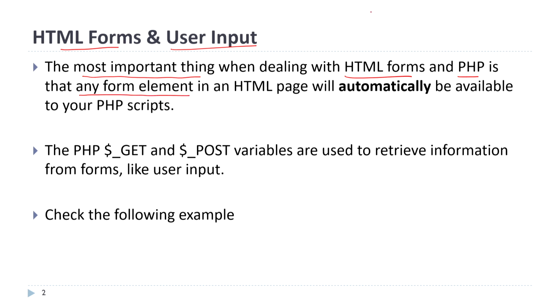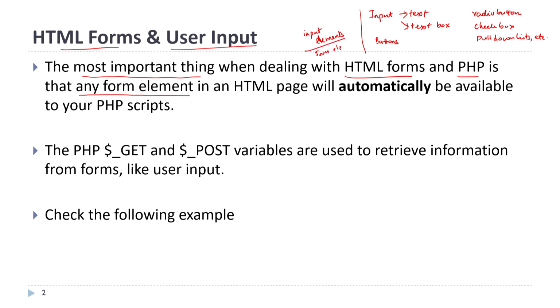So, the major form element we had was input, or we had a text box, buttons, radio button, checkbox, then what you call as pull down lists, etc. So, we have seen so many of these form elements, or we can call all of them as input elements, also known as form elements.